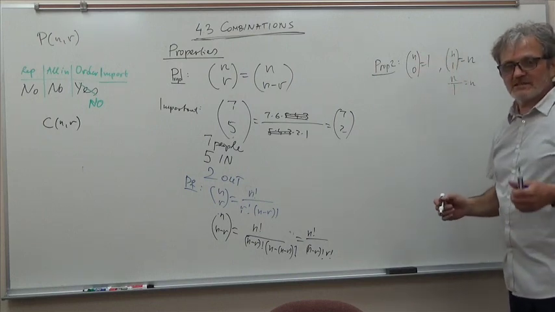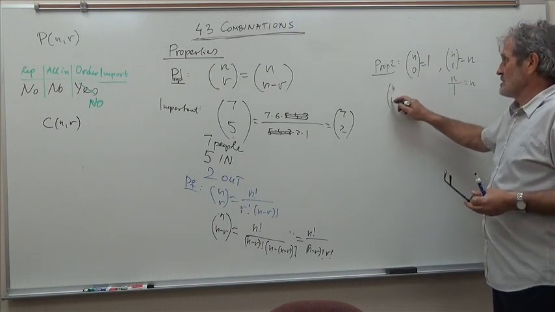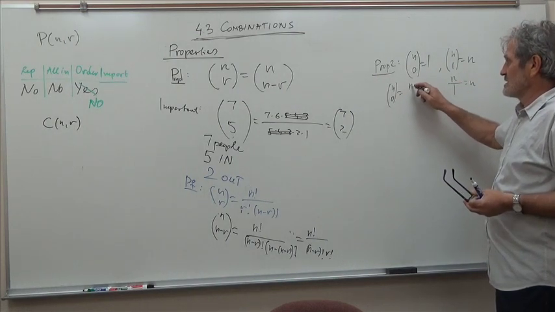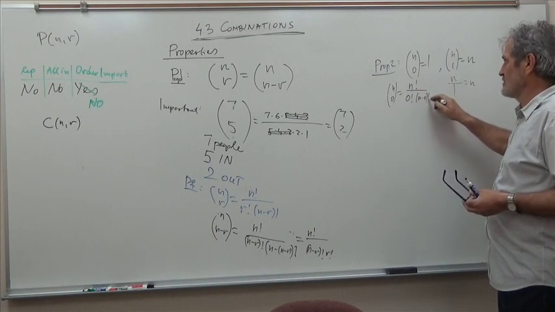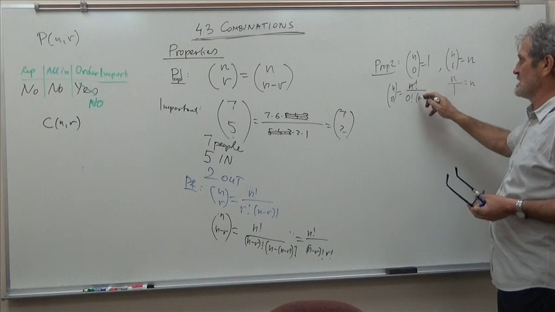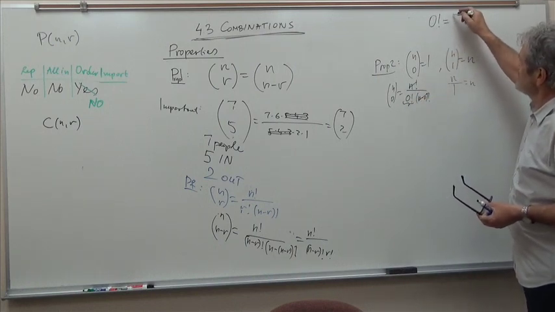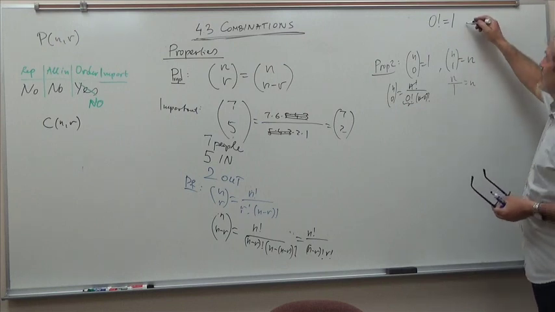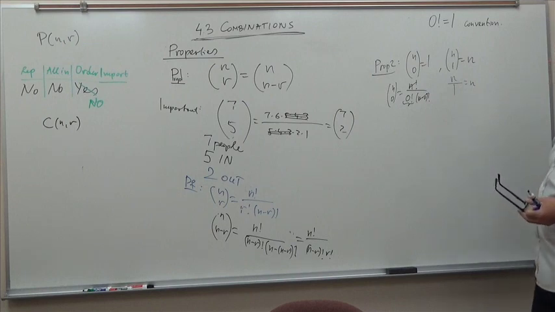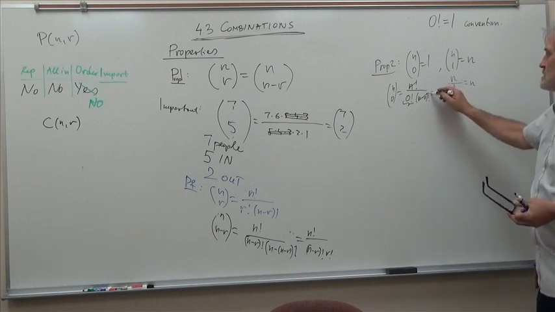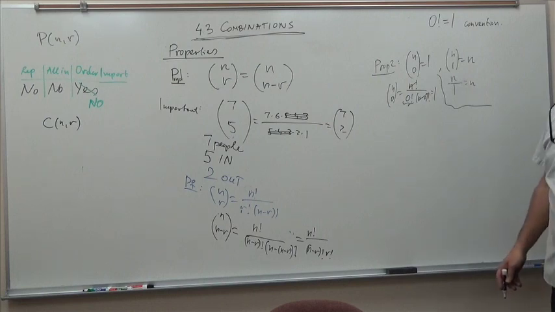The other might be a little trickier. What is n choose 0? Calculation: it's n factorial over 0 factorial times n minus 0 factorial. N minus 0 is just n, so these cancel. But how much is 0 factorial? Maybe I never told you that. 0 factorial is 1, by mathematical convention. So this is 1.